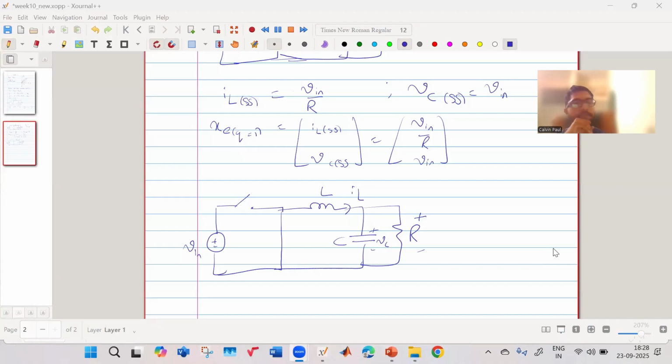What do you think will happen? Sir, is it the equilibrium point for Q equal to 0 that you are asking? Yes, yes. For Q equal to 0. What will be the equilibrium point?